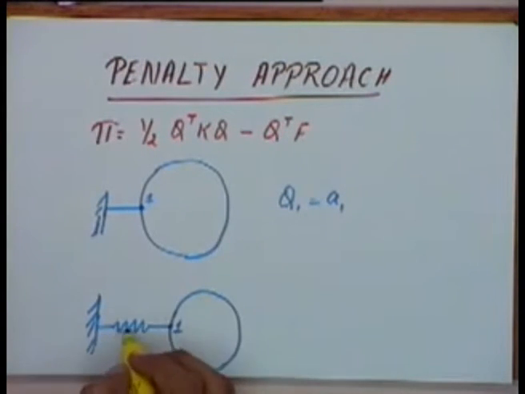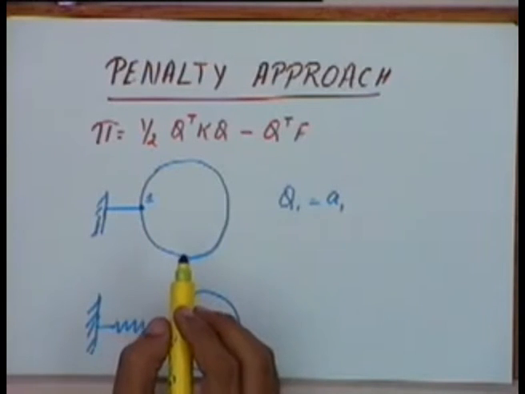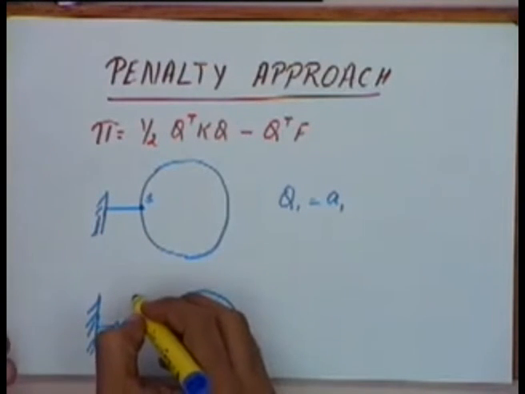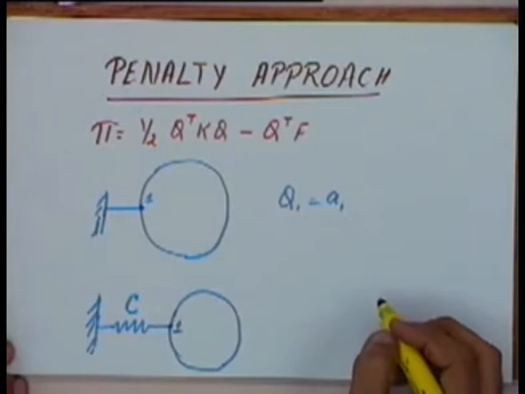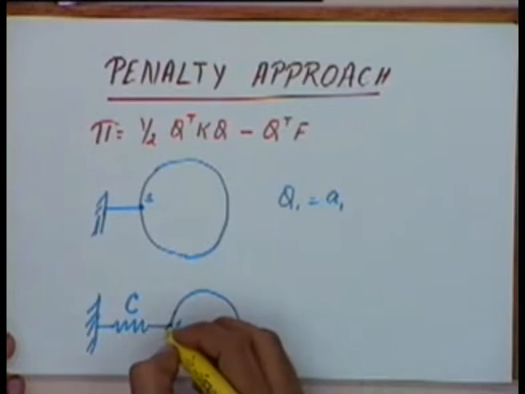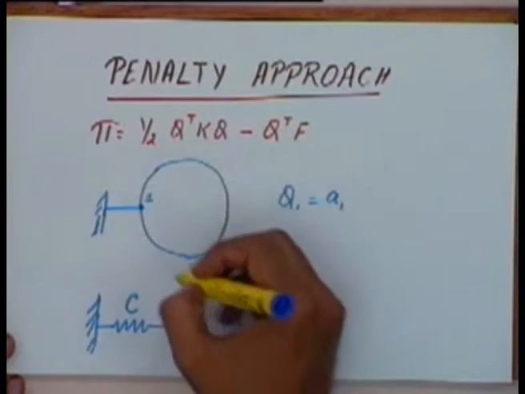We will add a spring at this location. This spring has a spring constant of C, and this node is 1, the rest of the body is the same.